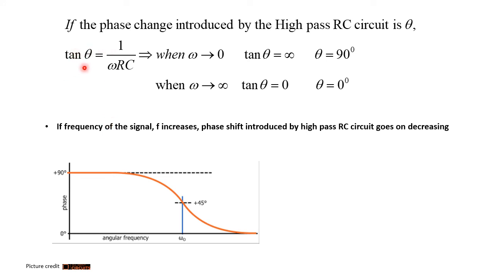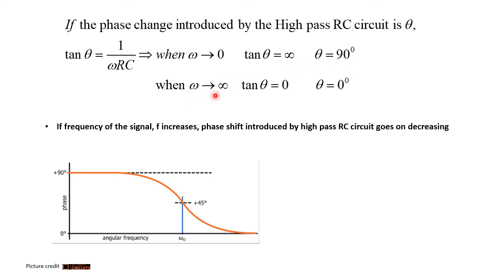If we take the expression for tan theta, where theta is the phase difference introduced by the RC circuit, tan theta is equal to 1 upon omega RC. Suppose the frequency of the input signal is very low, or omega is tending towards 0. In that case, tan theta is equal to infinity, or theta is equal to 90 degrees. So for lower frequencies, the phase difference introduced by the high pass RC circuit is 90 degrees.